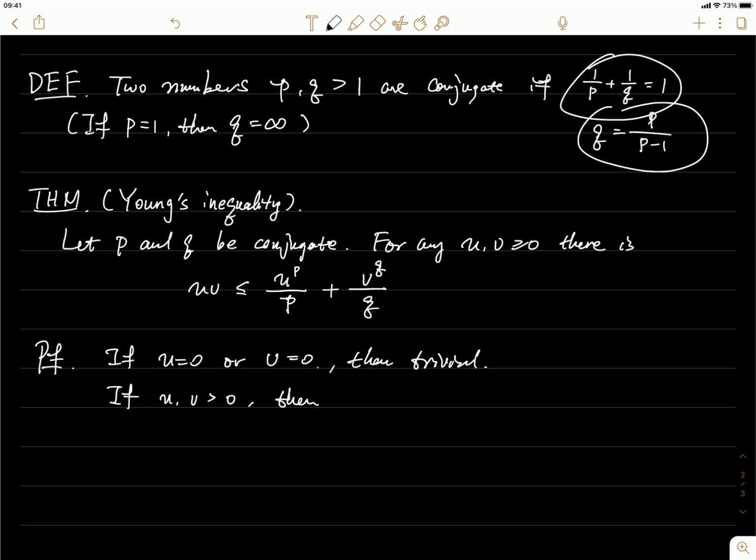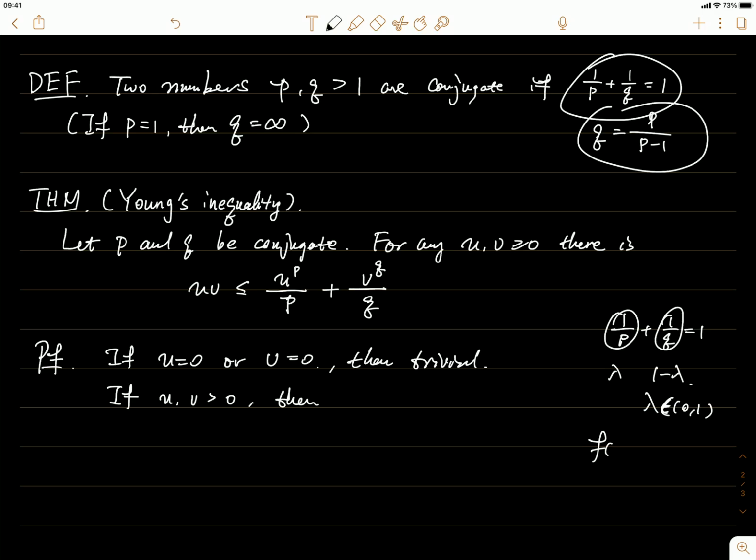Then let's look at this: 1 over P plus 1 over Q equals 1. This is like a lambda, and this is like a 1 minus lambda, where lambda is between 0 and 1. You know that this is pretty common for convex functions. You have a convex function f.